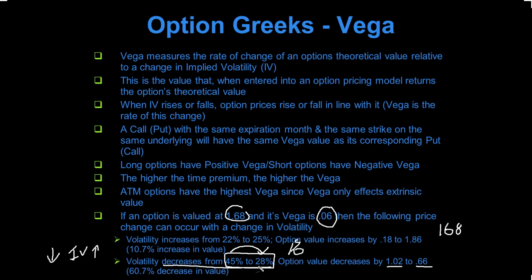And because this thing moved more than 1%, it moved a pretty good bit, what we've got here is a 60.7% decrease in the value of this thing. So it went from $168 down to $66 just on that vol crush. You may have heard the term volatility crush.